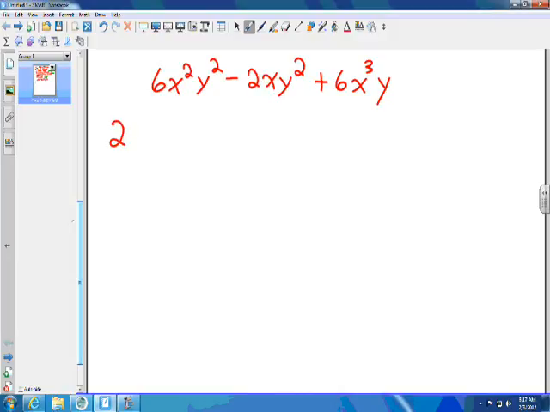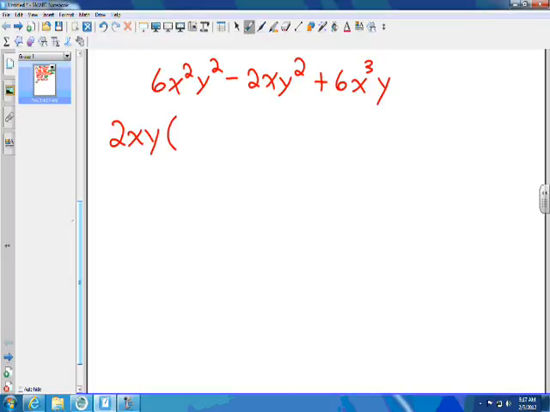Now we look at the first variable that we see. We have an x squared, an x, and an x to the third. So what can we take out of there? Remember, you take the smallest one that you see, which would be x to the first. And then the y, we have y squared, and y to the first. So again, just taking out a y is all we can do there.